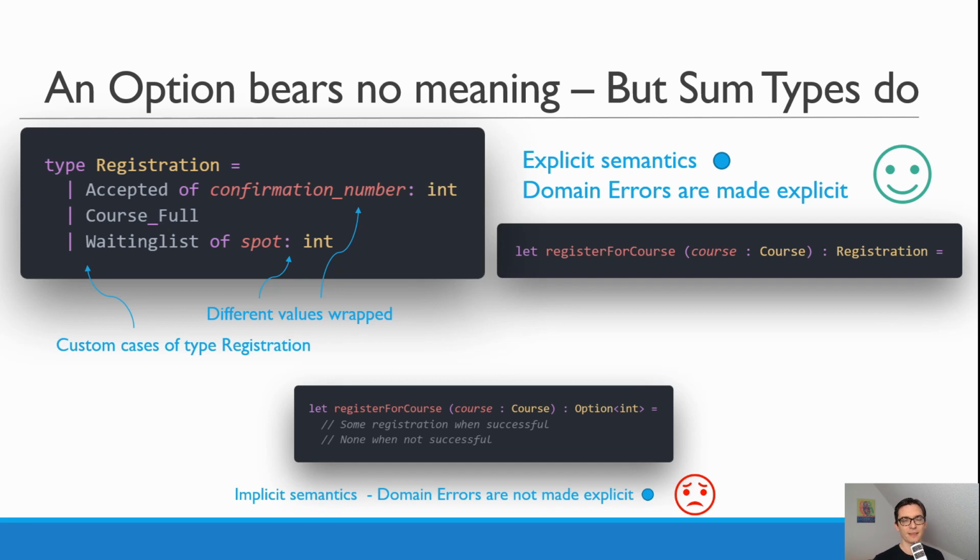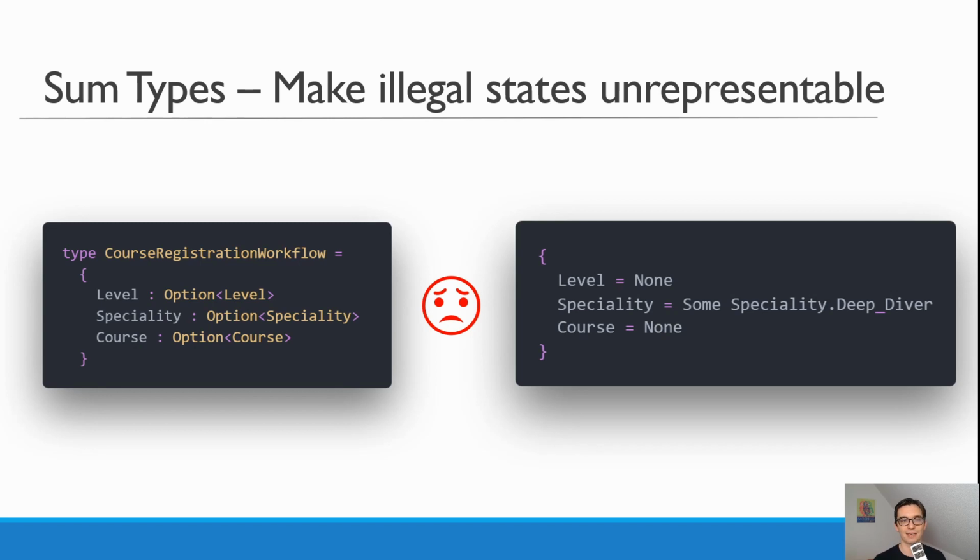Another thing that sum types allow us to do is to make illegal states unrepresentable. This is a notion that is used more and more, and I think it's a really important notion. So we were talking about illegal states and how there are some hidden semantics in some kind of ways, and sum types actually give us the possibility to fix this.